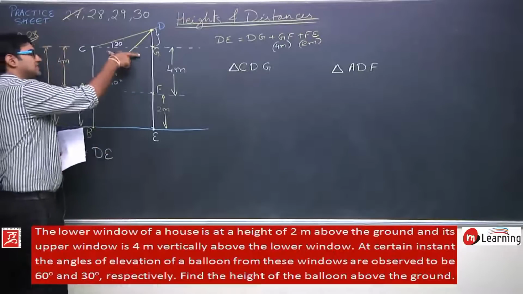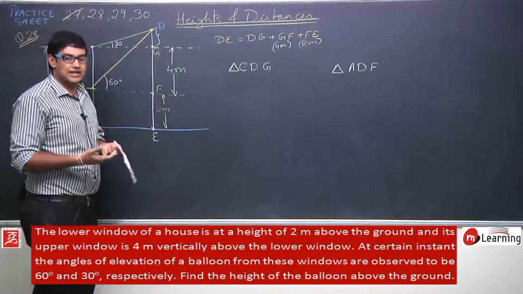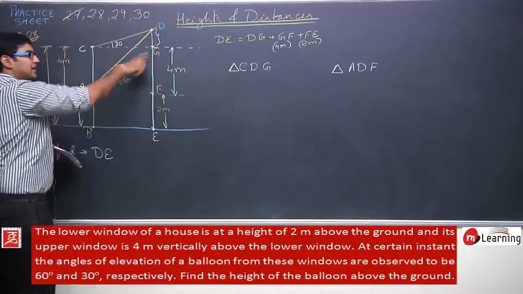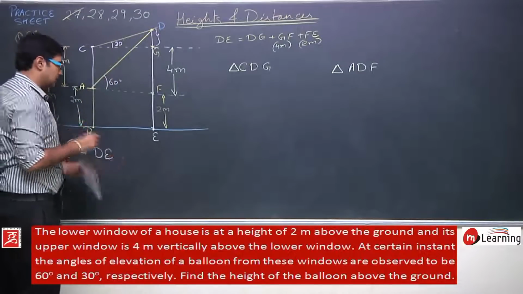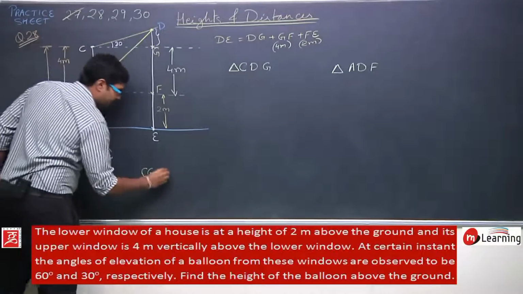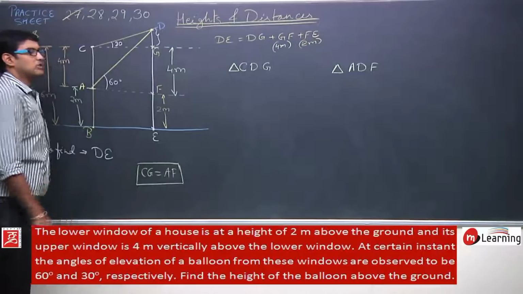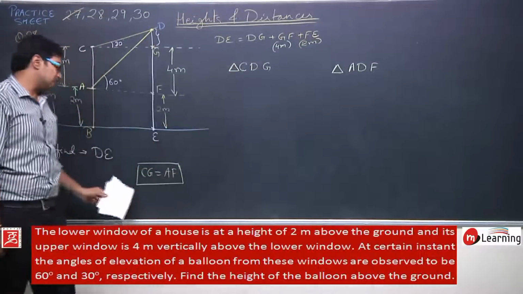I can see this CG and AF are both equal. Why? Because the diagram looks like this: this is a vertical line and this is a horizontal line, so this is a rectangle. That's why CG and AF are both equal. So I will relate these two triangles using this condition.